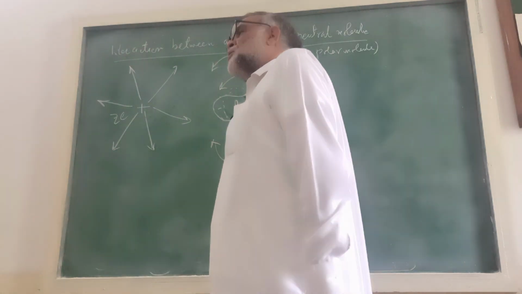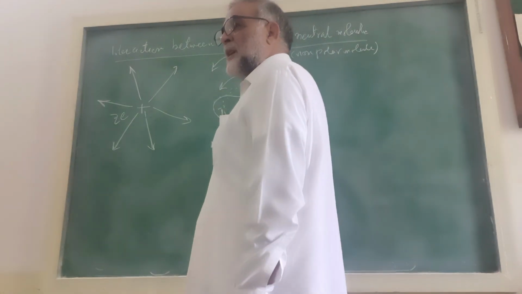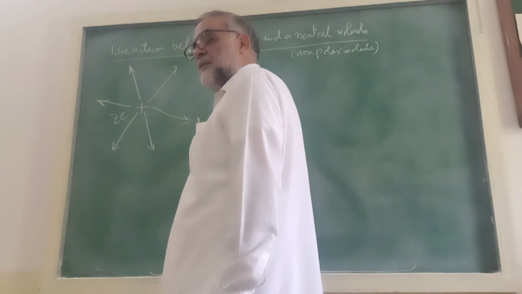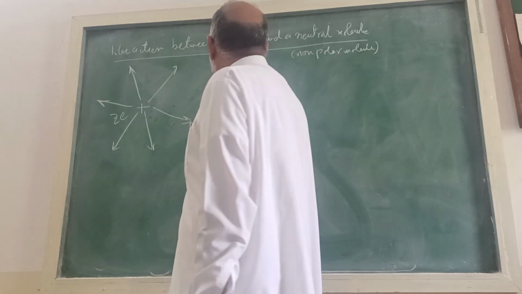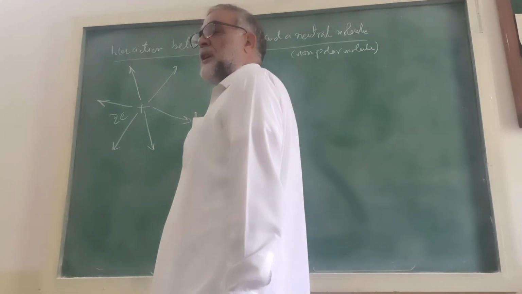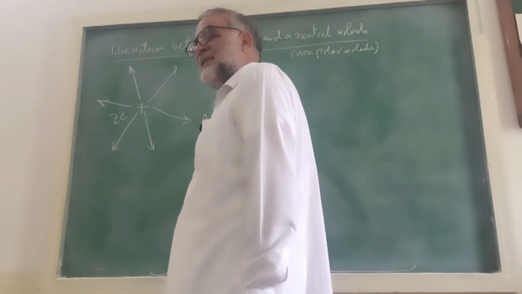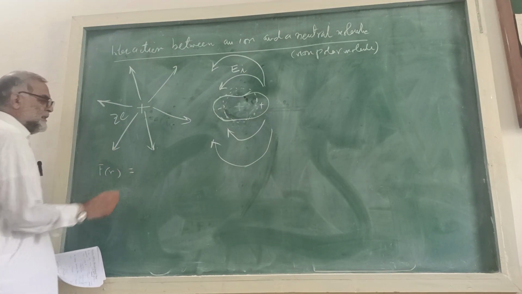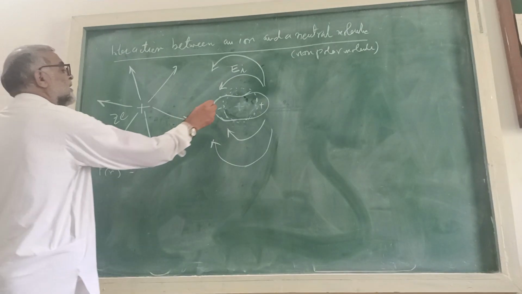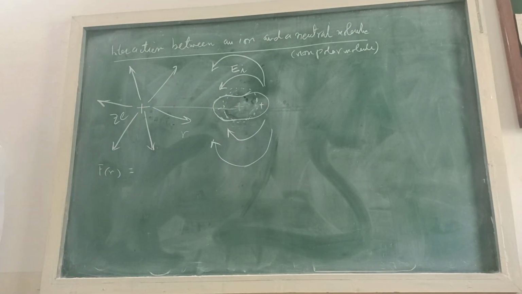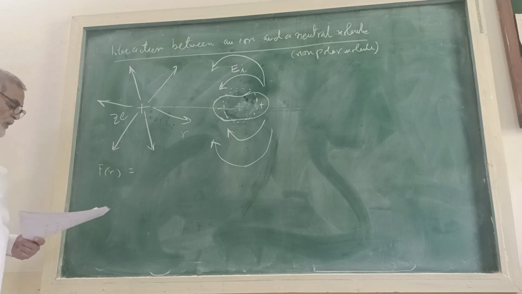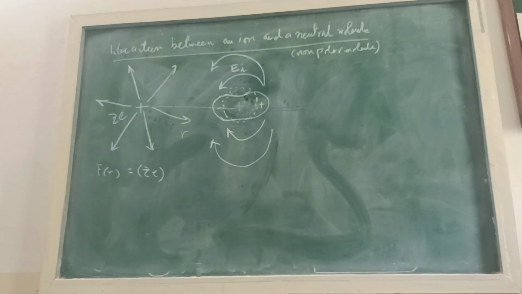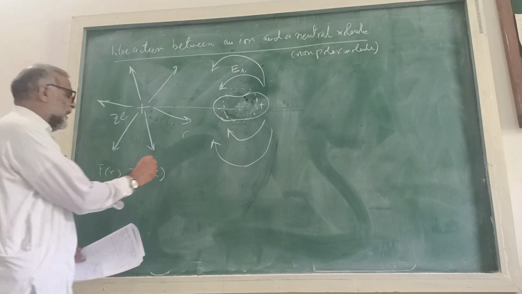If we know the field due to the molecule, then this charge will interact with the field of the non-polar molecule, which is now polarized. So the force on the charge at some distance R will be equal to ZE, the magnitude of the charge, times EI.